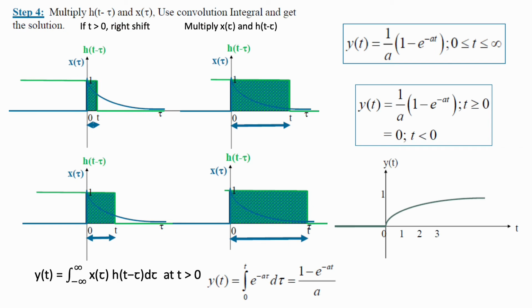Now we can see the next step. Here multiply h of t minus tau and x of tau, use the convolution integral and get the solution. If t is greater than 0, what we have to do? Right shift. So the t can be placed on the right side, from 0 to infinity, at any place.